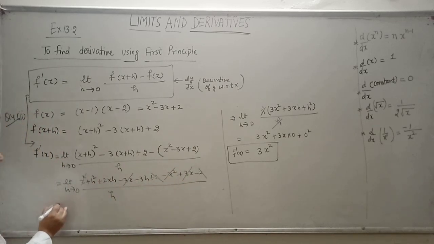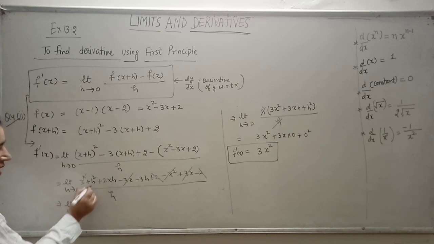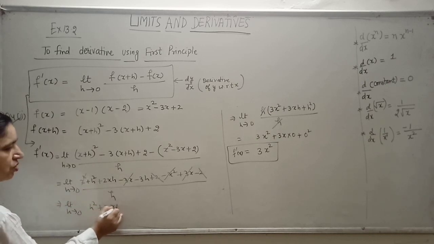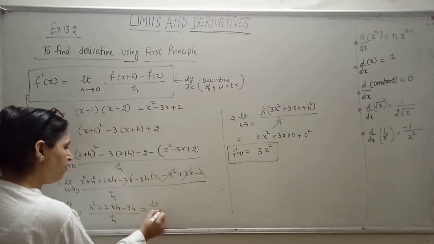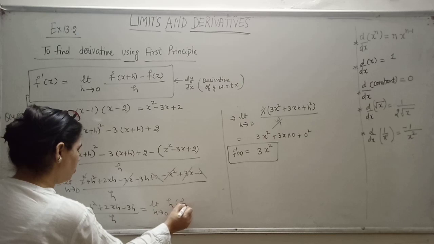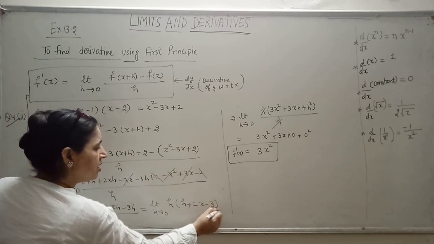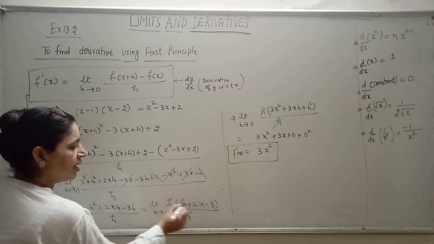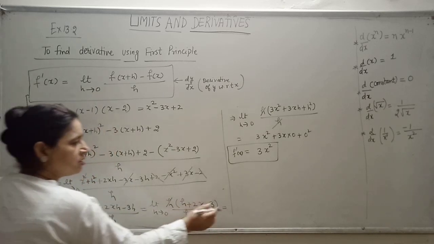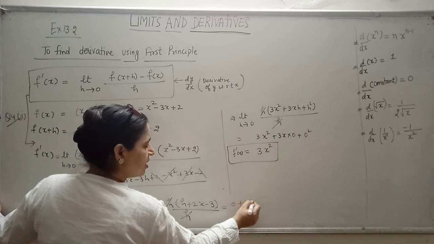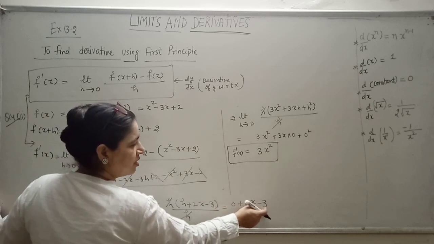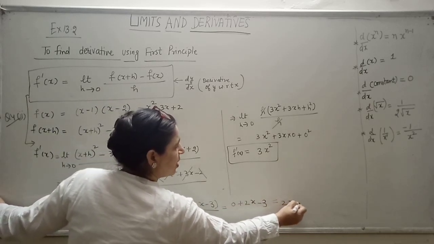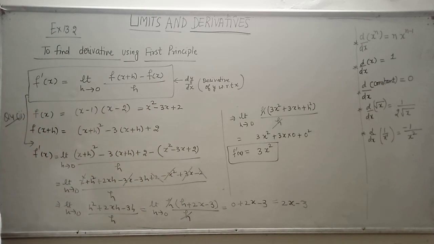So whatever is left, write that: h square plus 2xh minus 3h upon h. Now take h common. Throughout h is common, take it out. So this is (h plus 2x minus 3) upon h. h is cancelled by h. So what is left? Put the limit. This is 0 plus 2x minus 3. Because here there is no h, write them as they are. So your derivative is 2x minus 3. This is your final answer.